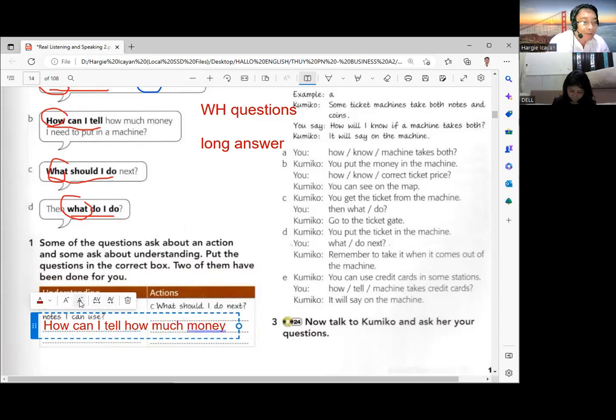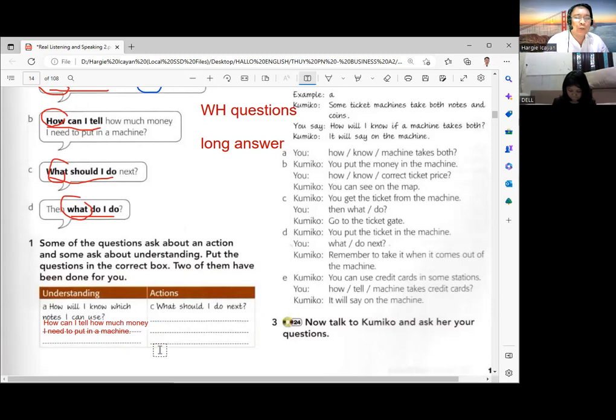Oh, I have to make this one smaller so that you can be able to see. Okay. How much money I need to put in a machine? So this particular question doesn't need for you to do the action. But what would be the second one for action?